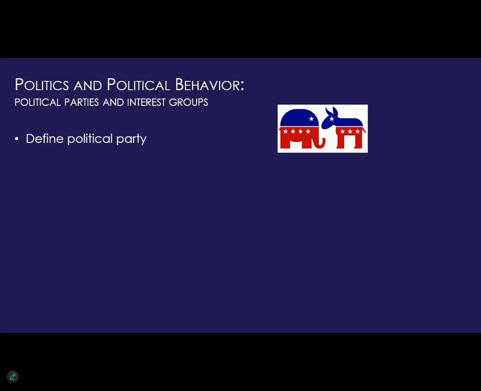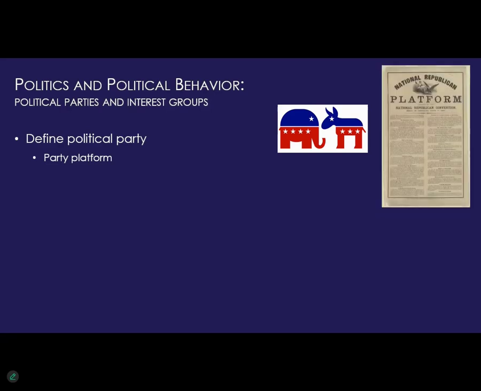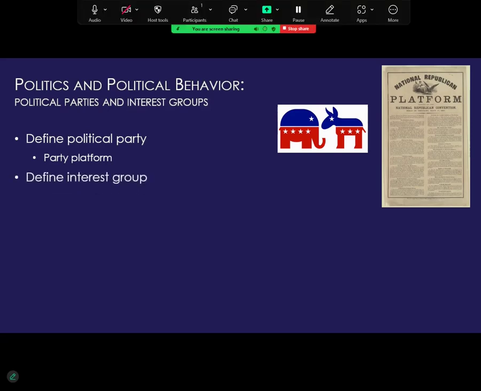Political parties also create party platforms that guide members of Congress and state legislatures in drafting legislation. A party platform is a literal document that lists the party's position on various issues. It is written and voted on by party members at the national conventions that they hold every 4 years just before a presidential election.